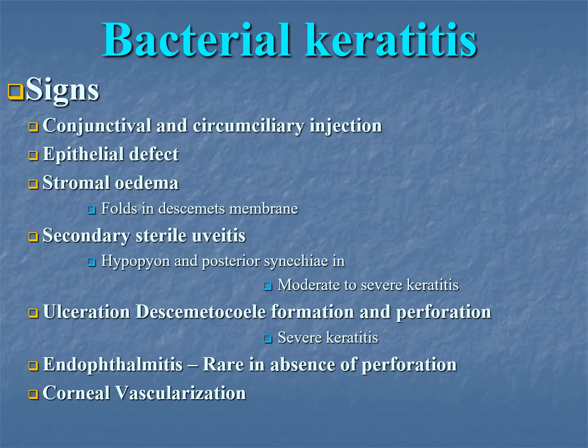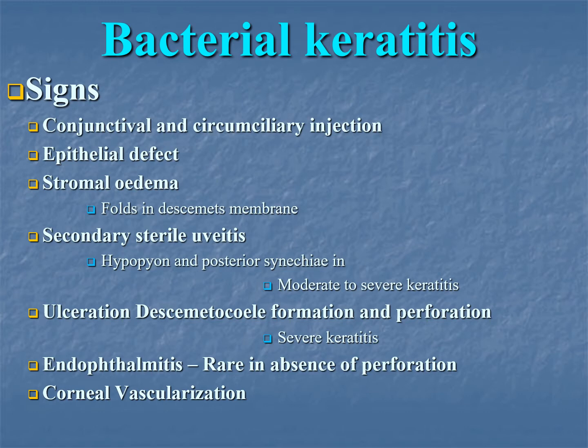Now come to the signs which you see when you examine a patient with bacterial keratitis. Of course, whenever there is corneal involvement by any disease, you find conjunctival and particularly circumcorneal congestion. Epithelial defect may be there.